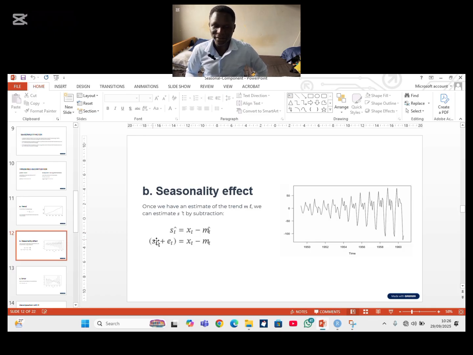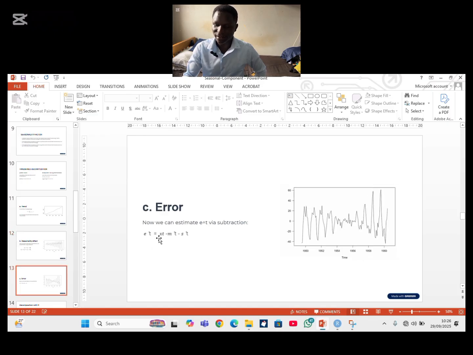Now if you want to get the error term on its own, you subtract from the original series the trend and the seasonality, and that will give you the error term. You can also visualize it. Realize that it doesn't have a clear pattern. It's literally random, right?